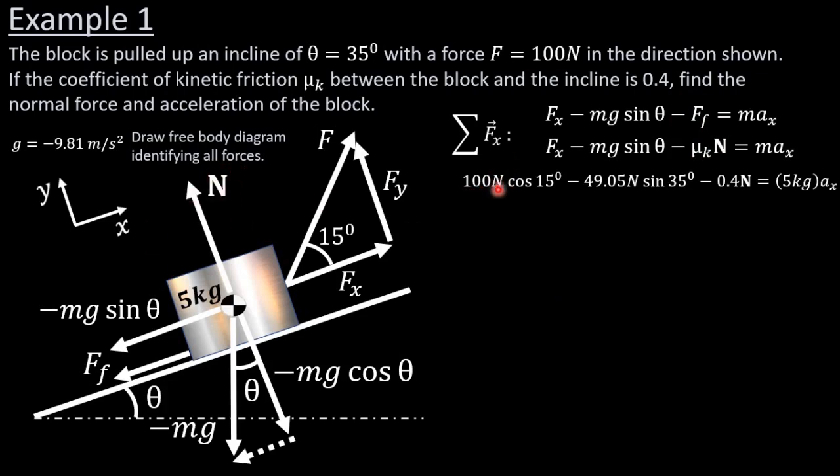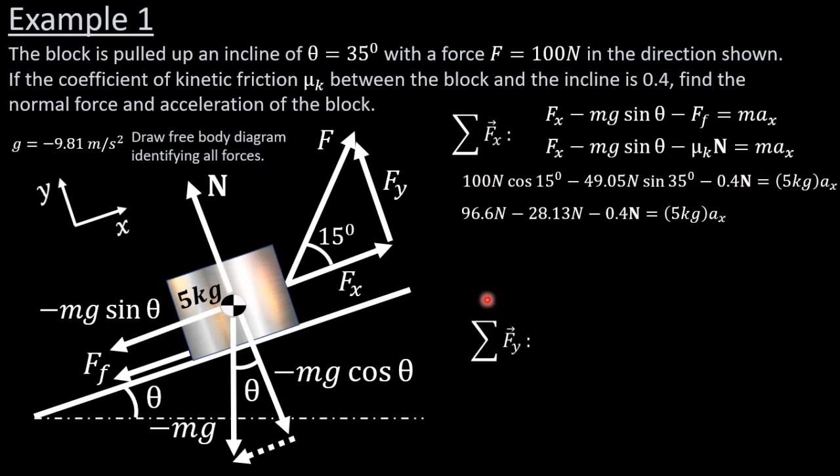One is in italics and one isn't, and it's usually bold. Try not to get confused between the two. I couldn't think of anything else to use, so you're just going to have to not get confused between N and the normal reaction force. So this means newtons and this means the normal force. Simplify that down to get this.